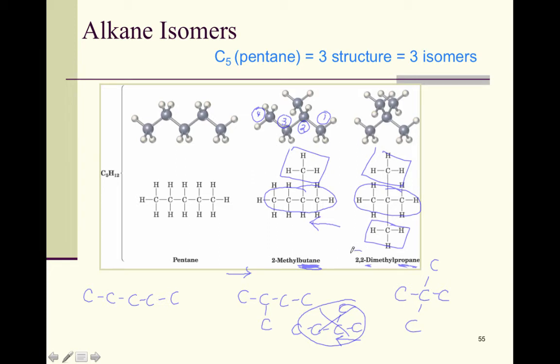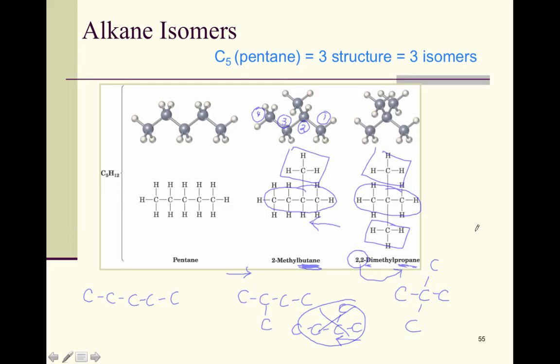And the numbers in front of here tell me where they live on the parent chain. Even if they're the same thing, in this case they're both methyl, and even if they live on the same carbon, everybody gets their own individual address. So the name of this compound would be 2,2-dimethylpropane.